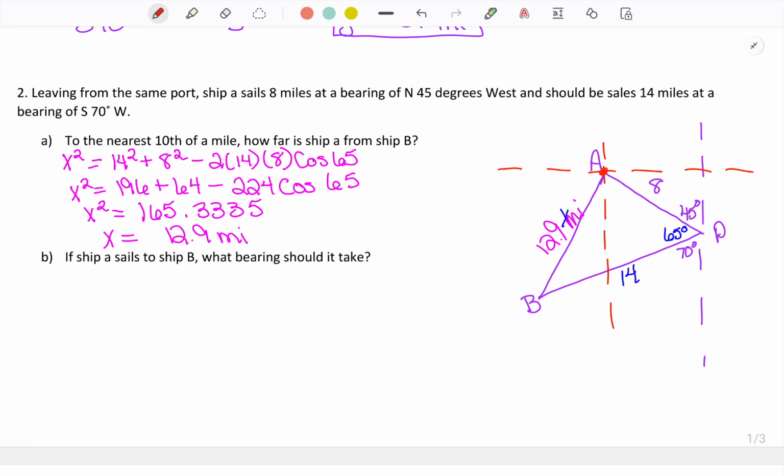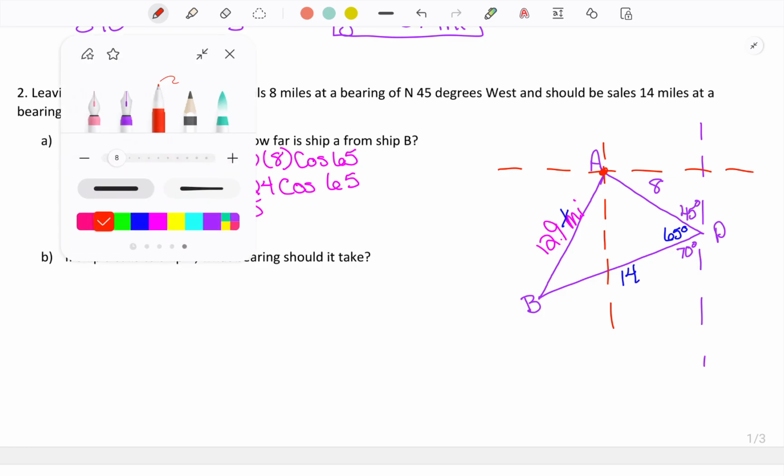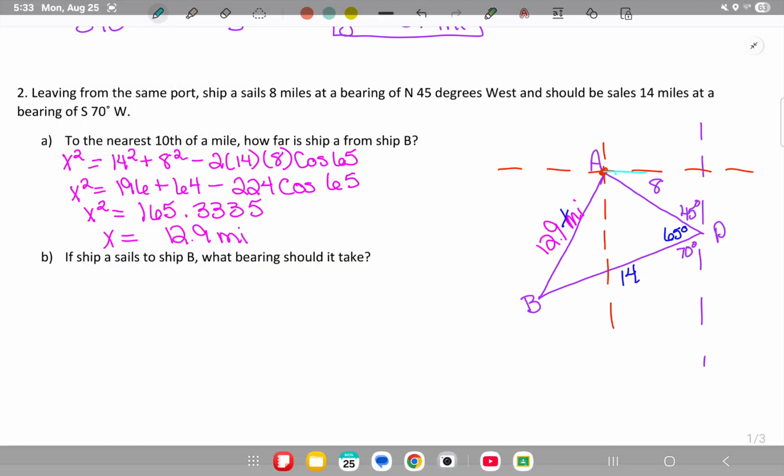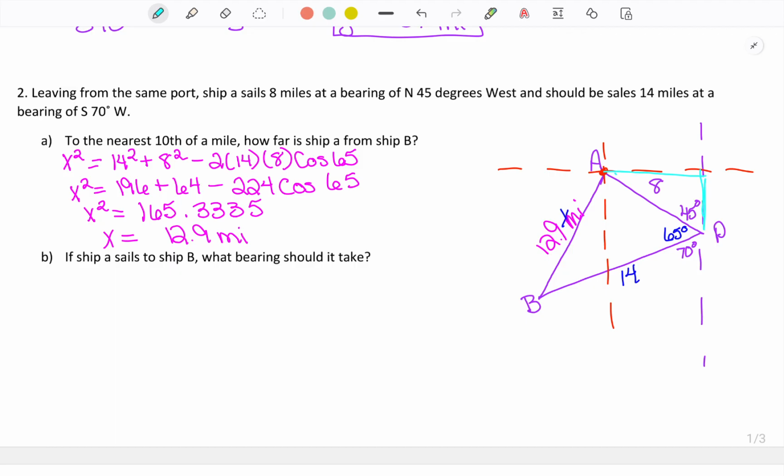So let's talk about some things that we know. We know that we have a right triangle that exists right here, because north, south, and east and west are perpendicular of each other. So this is a right triangle. And this is 45 degrees still, that bearing for ship A from the port.